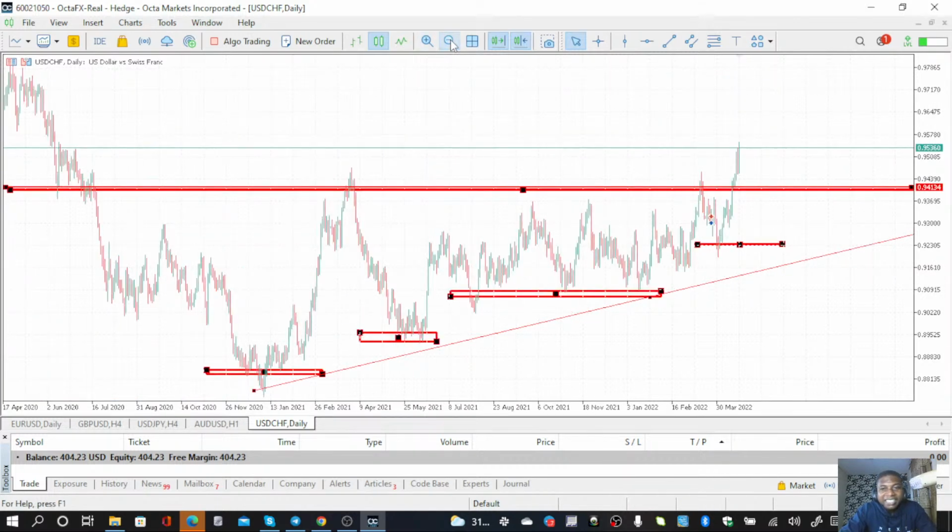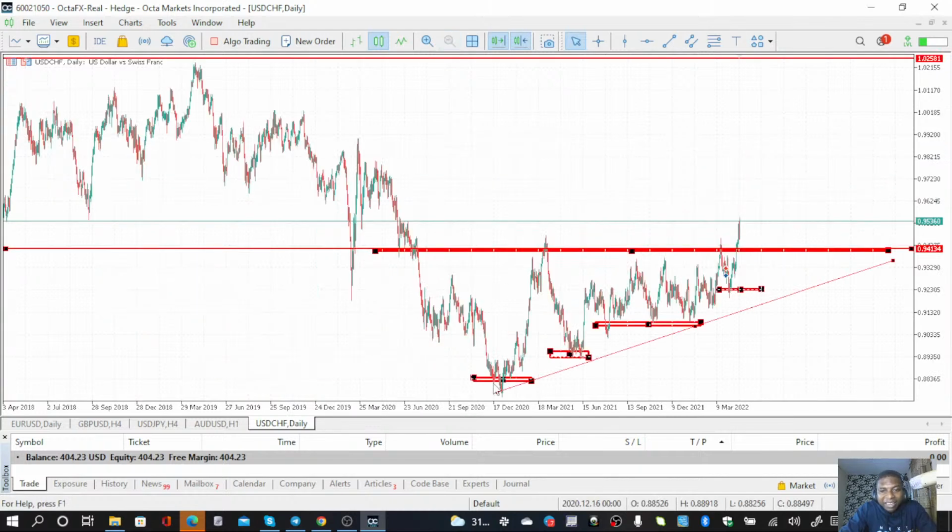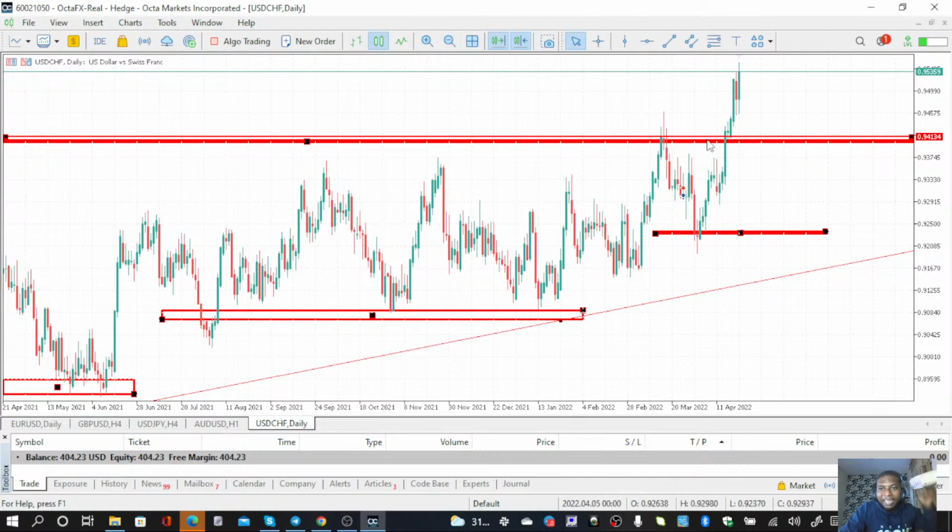This is the daily time frame. You can see how clearly the market is moving in an ascending order. Let's zoom in to see how the market broke out of this resistance level that was keeping the ascending market from breaking through. We can see how the breakout occurred at this level.